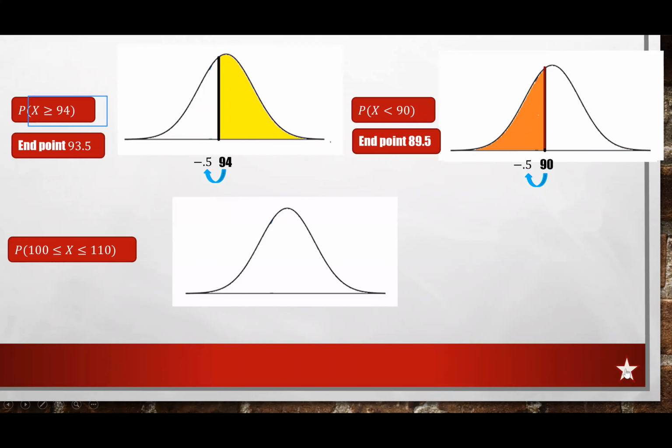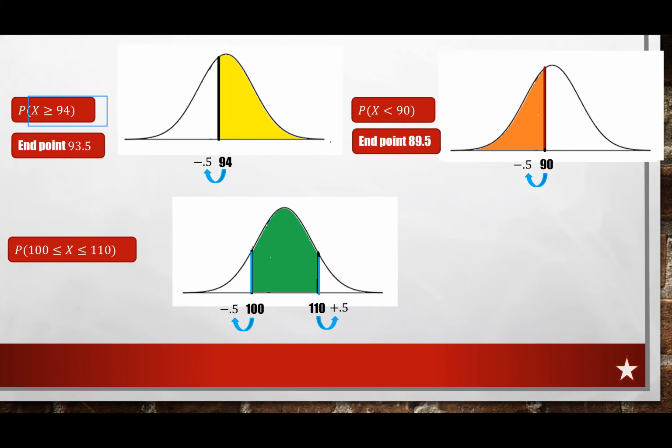We know between is easy: it is 100 and 110, and I'm looking for the area in between the two values, and I include them. How can I include the 100? Well, if I go to the right, that means I exclude it. To include it, from 100 I have to go to the left, and to go to the left, you subtract 0.5. At 110, I include the 110, and to include it, I have to add 0.5.